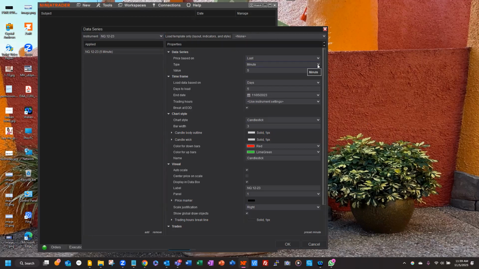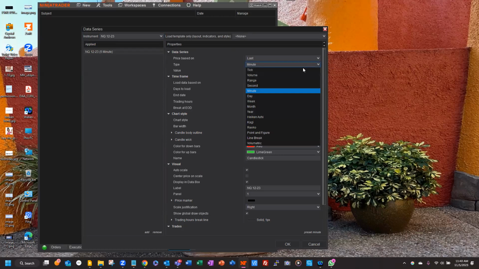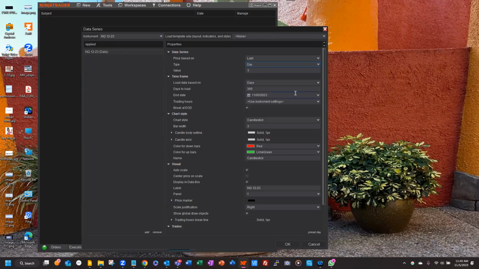If we're going to do a daily chart, we'll change that to daily. So for now, first thing I'm going to do is have you do a daily chart. So type is going to be daily. Change that second to daily. Day, I'm sorry. Okay, 1 day is fine.